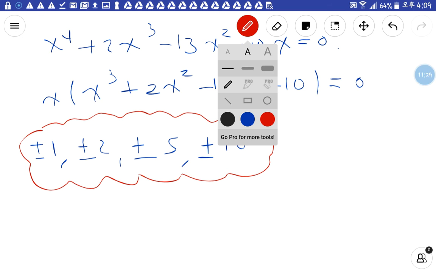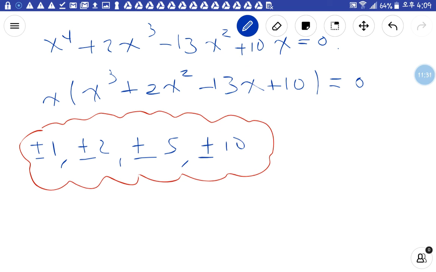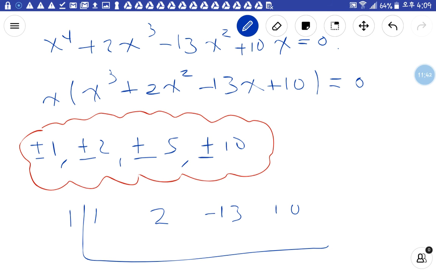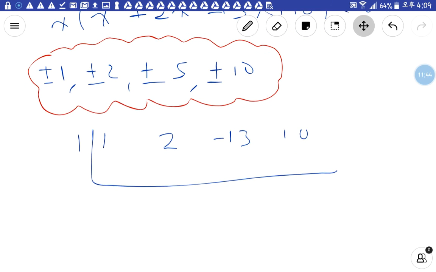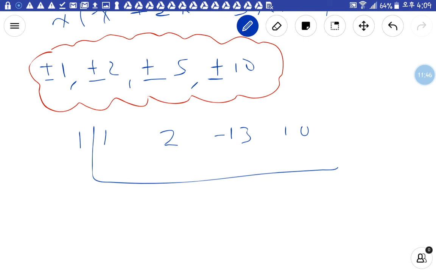So now you need to set up the synthetic division again. Pull all the coefficients out: 1, 2, negative 13, and 10. And then with the upside down division symbol, you're going to put 1 here. It's up to you if you want to use something else, then go ahead. So bring down 1. 1 times 1 is 1, add to 2, 3.